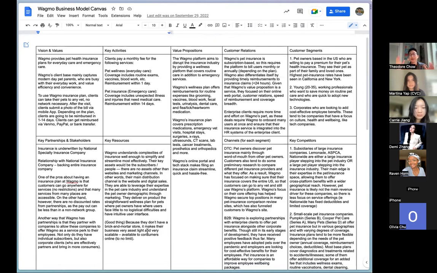So essentially the value of a business model canvas is that it allows you to understand a business from all its different aspects on a single page, which is also pretty important because you want to be succinct, which I wasn't really here.